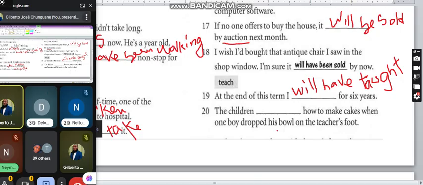Yes, lecturer. It's the same idea. Okay. Which one is the same idea? The colleagues say that they chose the past continuous passive.